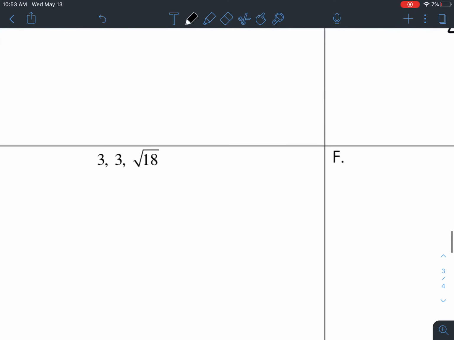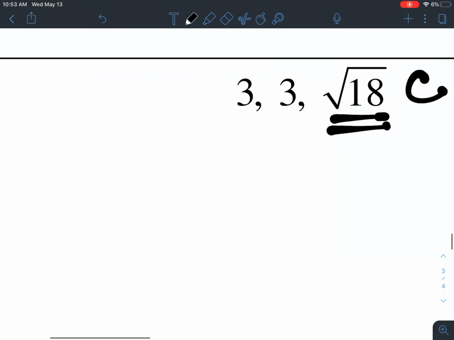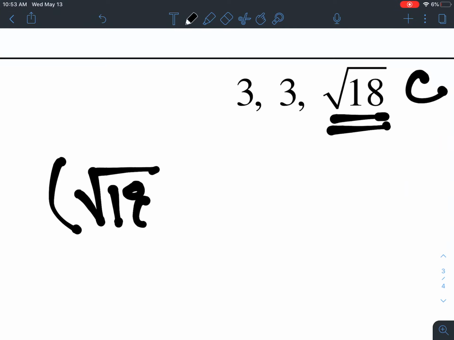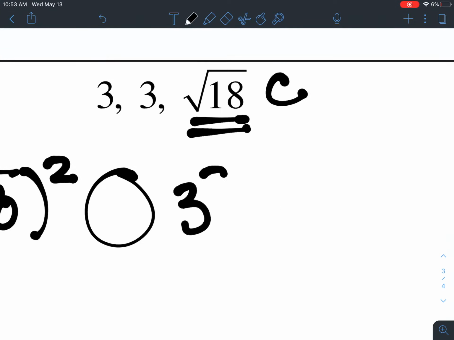Let's try this one. So 3, 3, and then the square root of 18. The square root of 18 is going to be approximately 4 point something. So we know that this has to be our C. So I'm going to plug that in, and I'm going to get the square root of 18 squared in comparison to 3 squared plus 3 squared.